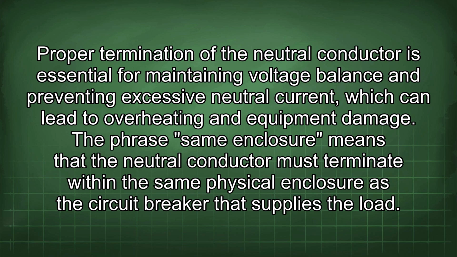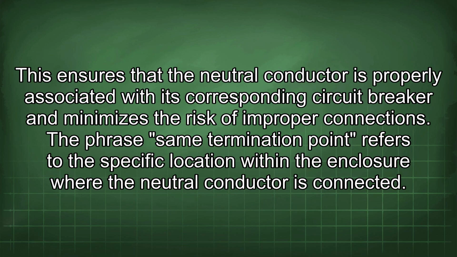The phrase same enclosure means that the neutral conductor must terminate within the same physical enclosure as the circuit breaker that supplies the load. This ensures that the neutral conductor is properly associated with its corresponding circuit breaker and minimizes the risk of improper connections. The phrase same termination point refers to the specific location within the enclosure where the neutral conductor is connected.